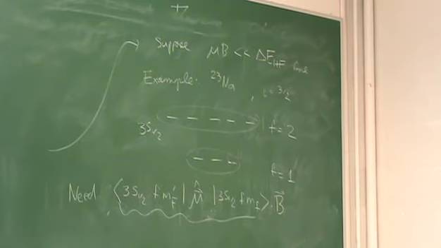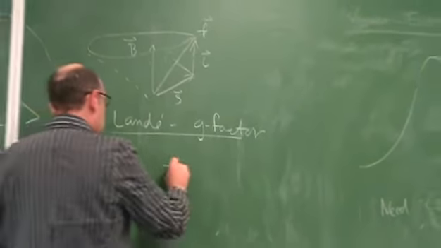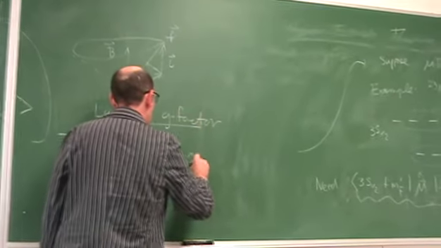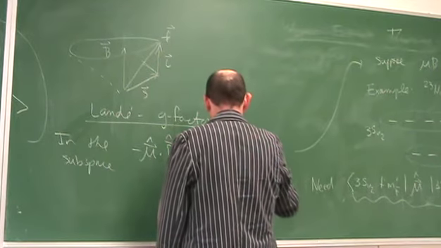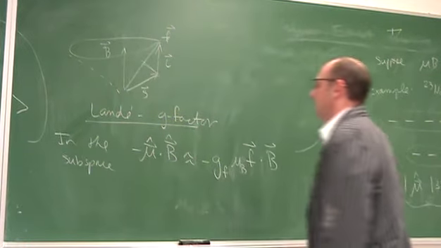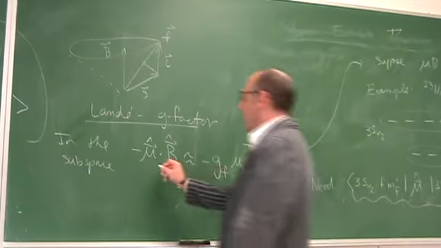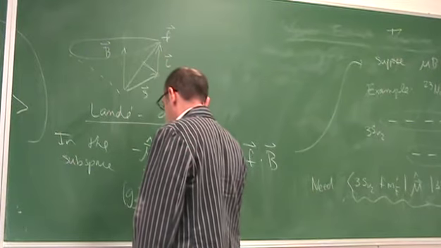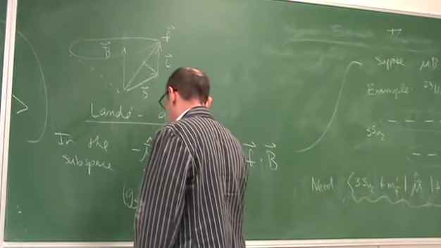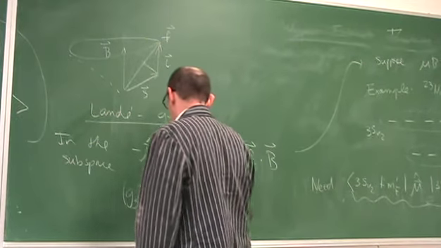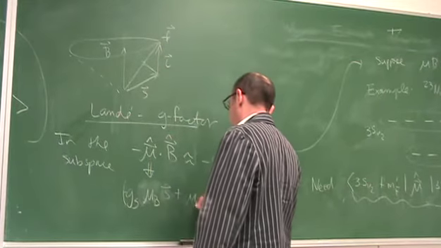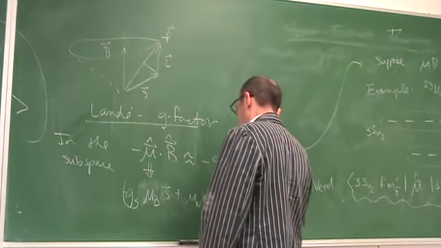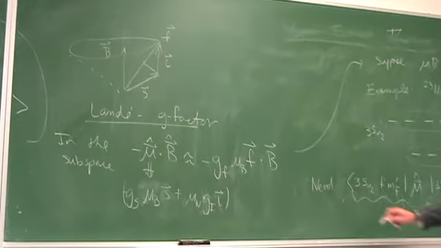That is to say, in this subspace, mu dot B is approximately G sub F F dot B, whereas really what we had was G sub spin times spin plus G sub I times I. When restricted to that subspace, this whole thing looks like the angular momentum operator F.